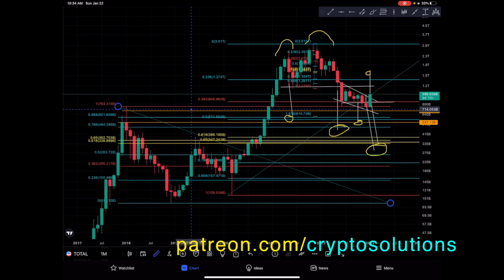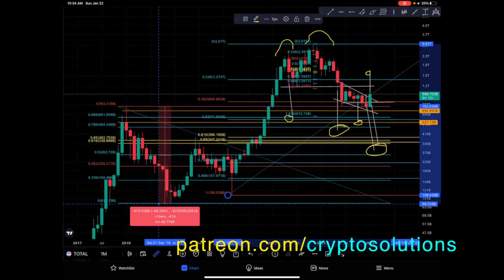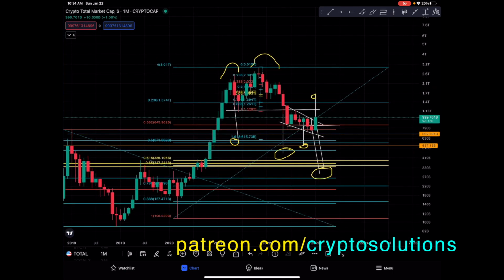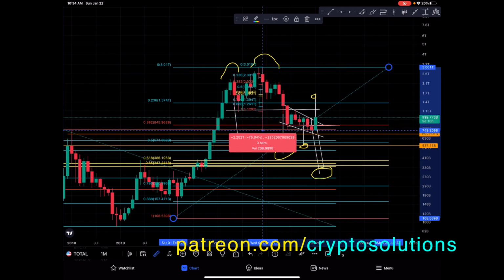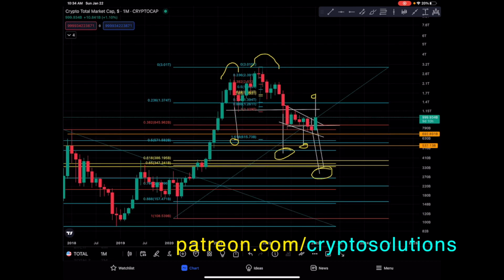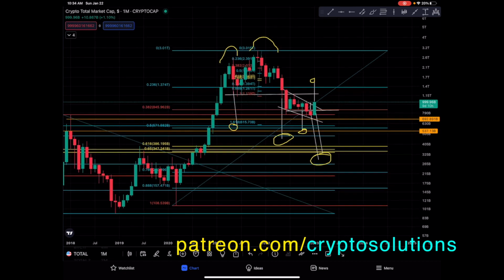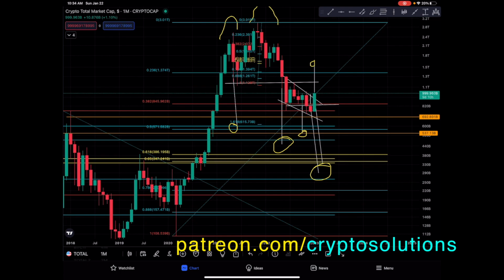Very strong indication that this has more pullback. It says here 88.8% pullback right here. And then you put it from this one right here, which is the previous bull market, 75%. So there's a big space from 88% to 75%. And so that's a very clear indication for me that this has to pull back even more.